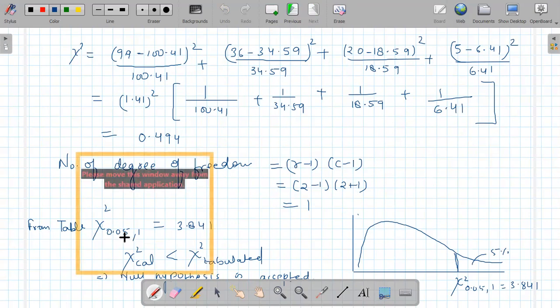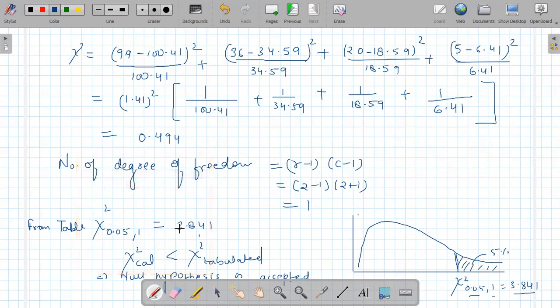We always apply the right tail test in this testing of hypothesis about two attributes. So we test the right tail area at 5% level of significance. This area is 5%. Find the chi-square value using 5% and 1 degree of freedom, that is 3.841.